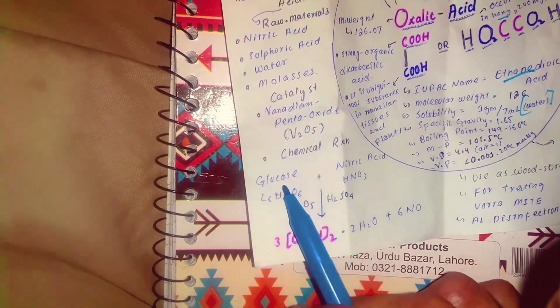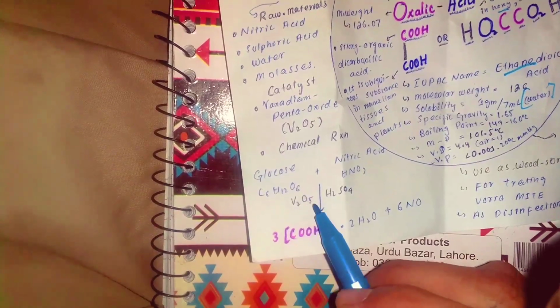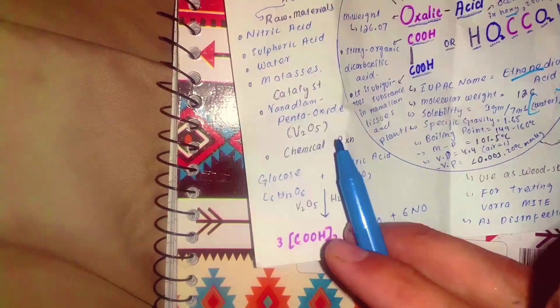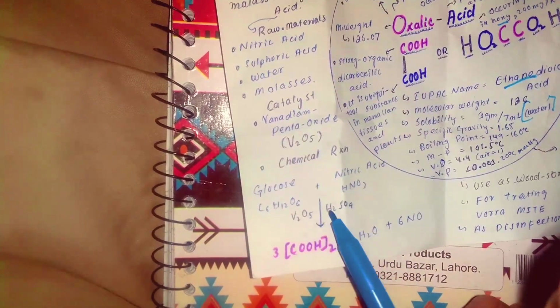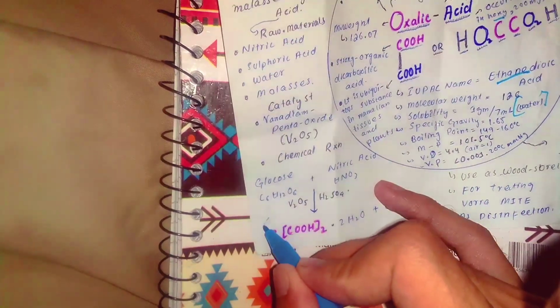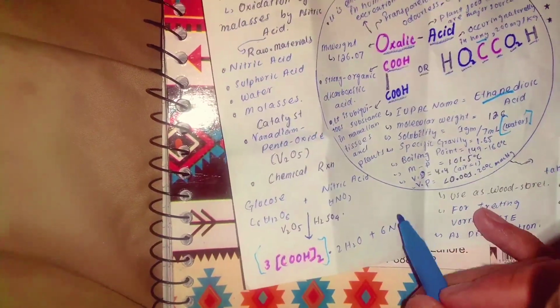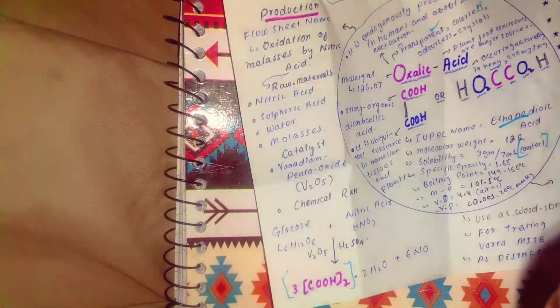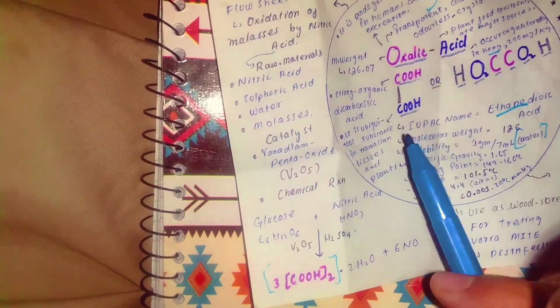So this is the reaction of glucose and nitric acid in the presence of V2O5, the catalyst, and H2SO4, which is a second catalyst, and in this reaction oxalic acid is produced. So this is all about the basics of how oxalic acid is produced.